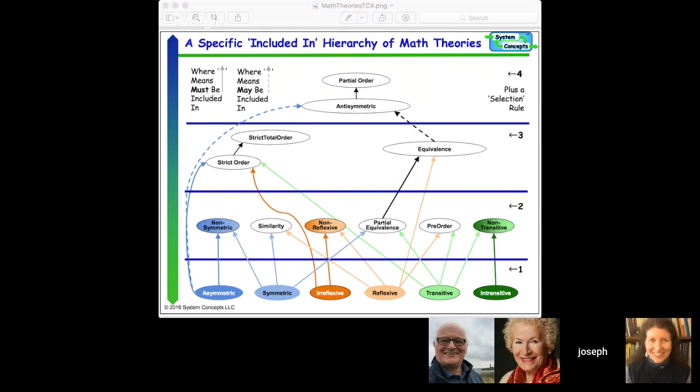That seems indeterminate. It seems like you need a 3-valued logic, and the third value can be either undetermined, or it can be both. Does that make sense? Yeah, I think it does, Janet.